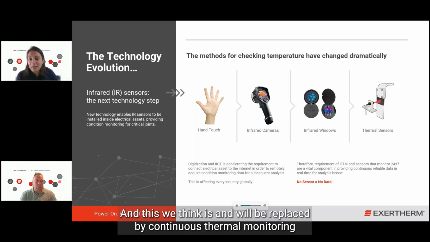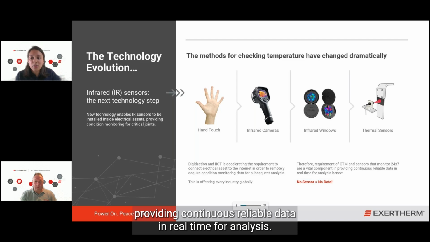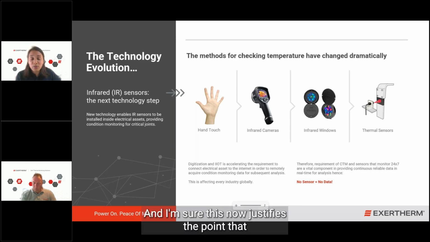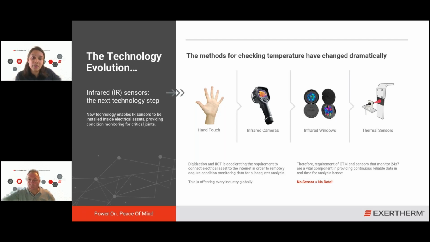This, we think, will be replaced by continuous thermal monitoring through sensors installed within the equipment, providing continuous, reliable data in real time for analysis. I'm sure this justifies the point that without any sensors, there will be no data.